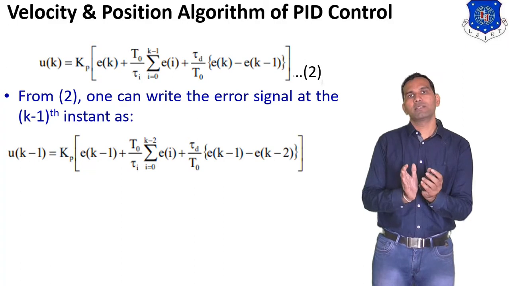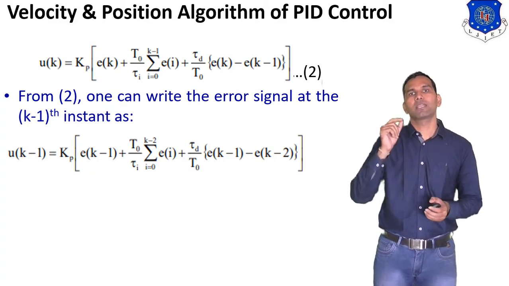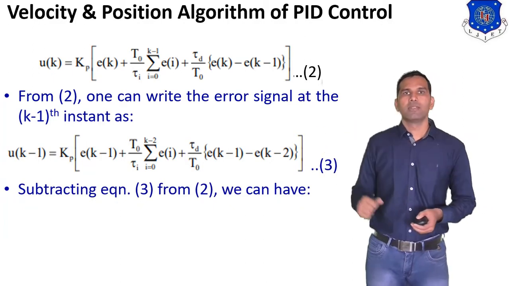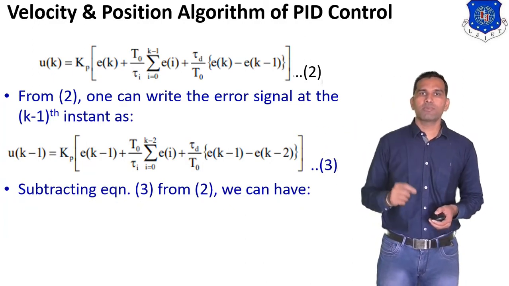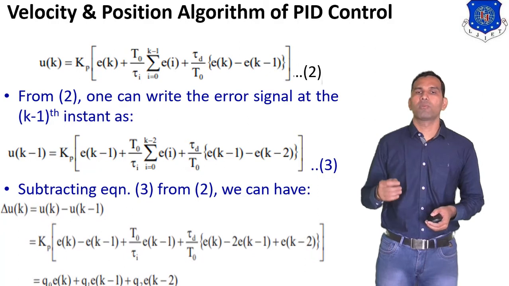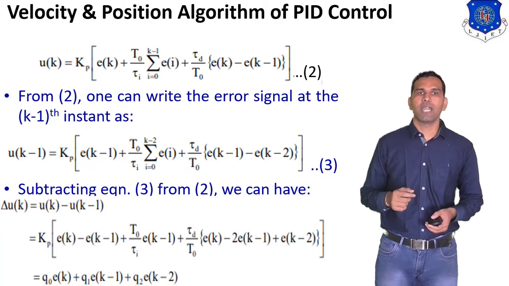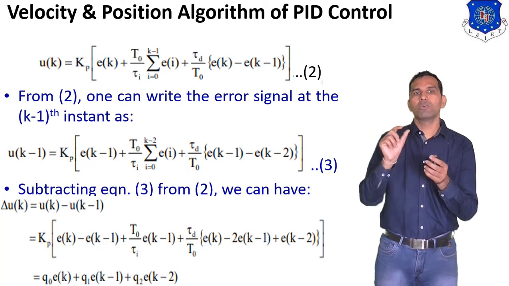Just we replace k with k minus 1. So we get this equation. Now we subtract equation number 3 from equation number 2.